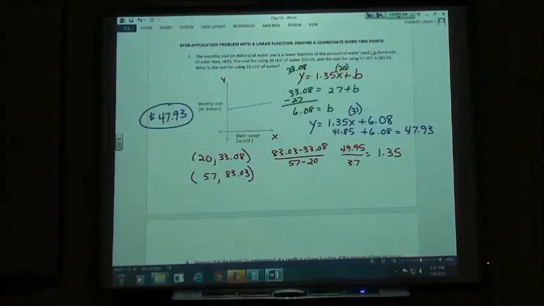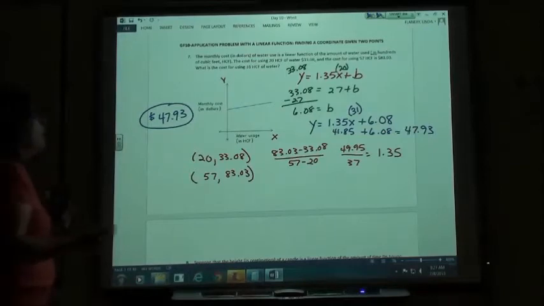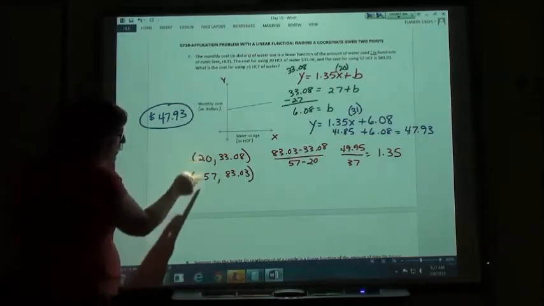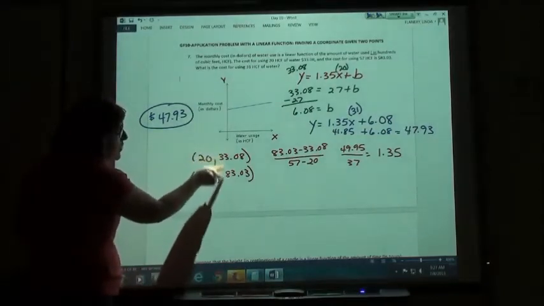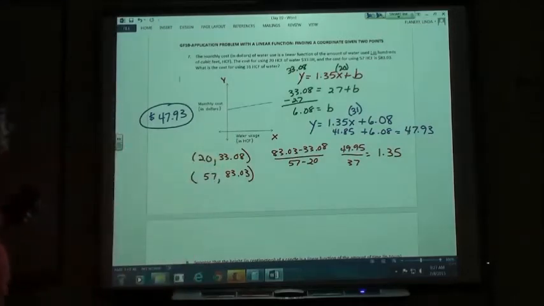So if you look at that, that should make sense because the 31 is between 20 and 57, so the price should be between the prices for the 20 and the 57, which it is.